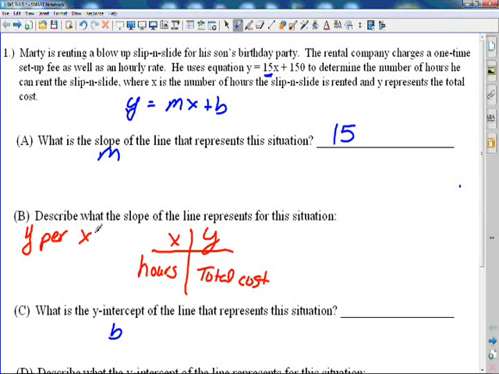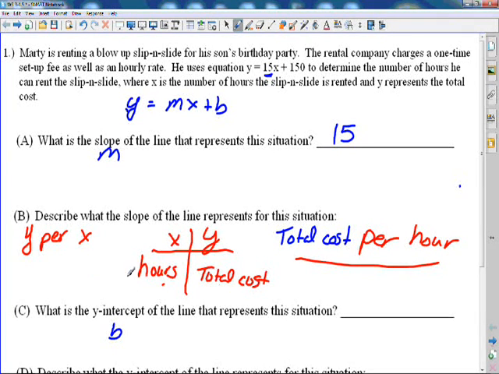So I would have y, total cost, per x, the number of hours, per hour. So this right here is what your slope means.